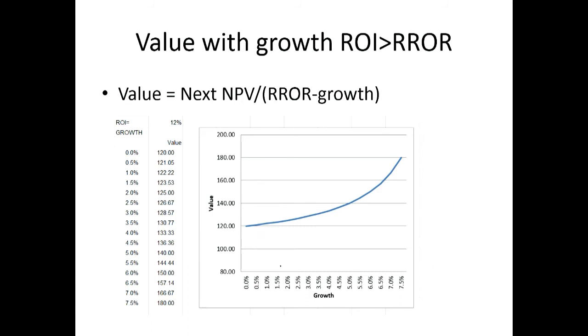And what I get is that as the growth rate goes up, this is again where my return on investment is equal to 12% and required rate of return is equal to 10%, we'll see that the value of the firm goes up the higher my growth rate. So the higher the growth rate, the higher the value of the firm. Because what this says is I'm able to reinvest additional monies and earn that higher rate of return. So I'm actually able to take my competitive advantage and expand it. Okay, this is new markets, growing my product, whatever, but it's a pretty strong assumption.